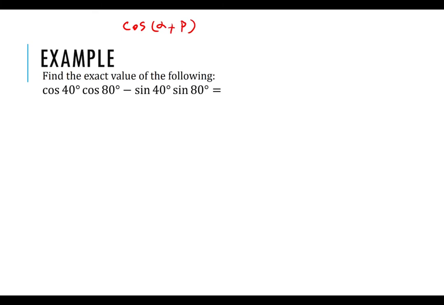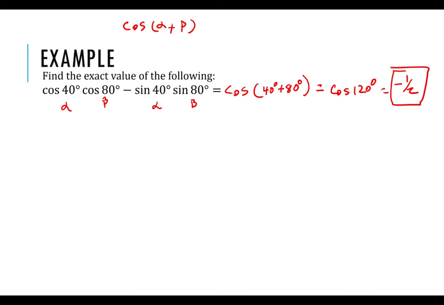And so I recognize that alpha is 40 degrees, 80 is beta, and so at this point that's going to be really the same thing as cosine of alpha plus beta, which is 40 plus 80, which is the cosine of 120 degrees, and the cosine of 120 degrees is negative 1/2. And so that's the exact value of that statement.